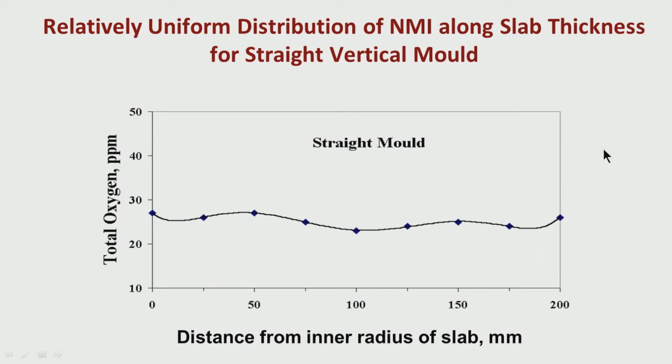Another interesting observation, which you can make out from common sense, is that whatever defects are there in the cast slab, cast bloom or cast billet, the more you process it, the greater the possibility of defects coming to the surface, is it not? Because the surface area is increasing.